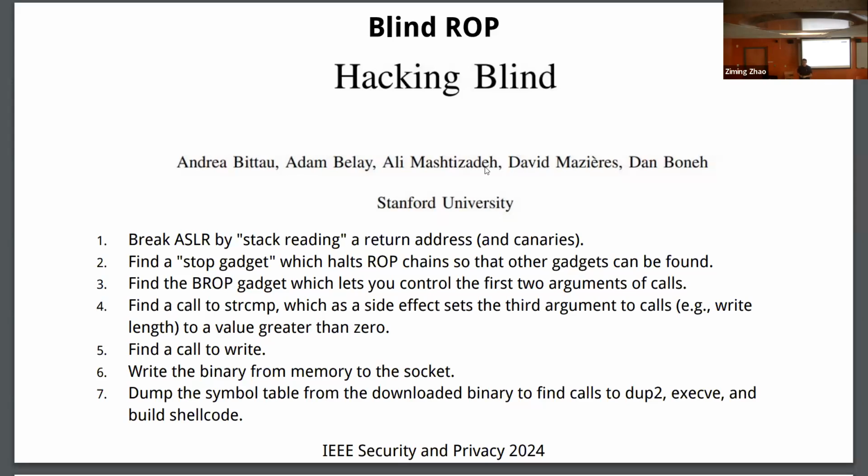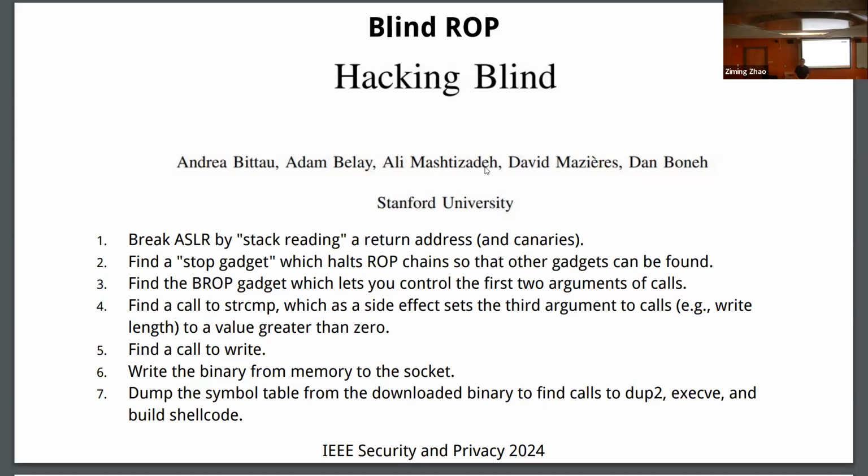So the first step is to find a write operation. You already know write: the first argument is the file descriptor, then the buffer, the address you want to write, then the size, maybe other parameters, right?